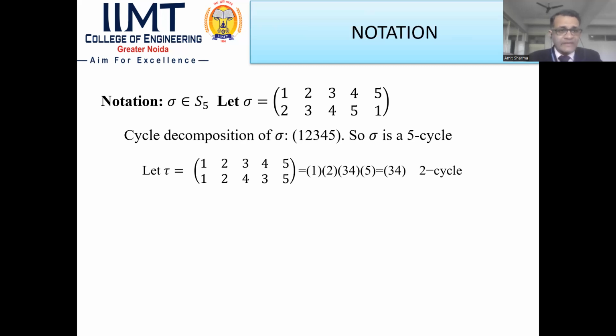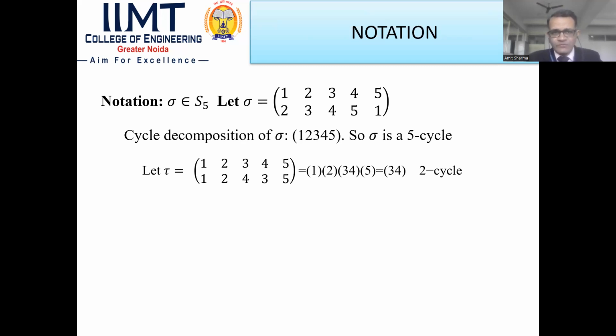So we can write another notation. Cycle decomposition of sigma is equal to, we can write in cycle form (1 2 3 4 5). What is the length of this cycle? Length is 5. So this sigma is called a 5-cycle. Let us take another example.